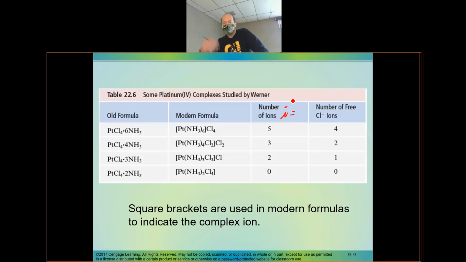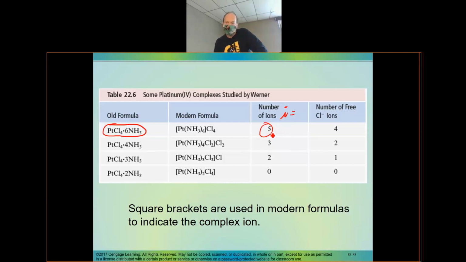We used this when you did freezing point depression, boiling point elevation, your osmotic pressure. All right, so we had the i in the equation, the number of ions in solution. Back in the day, they just labeled it like this. Now we did an experiment to find out how many ions we had in solution.